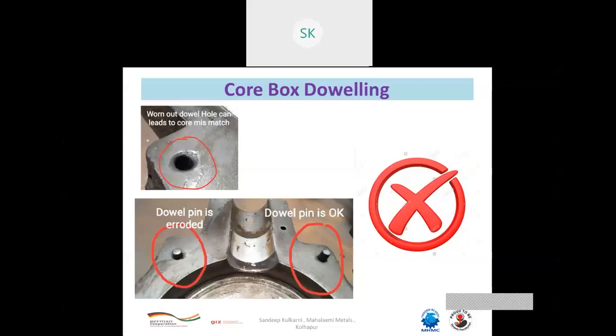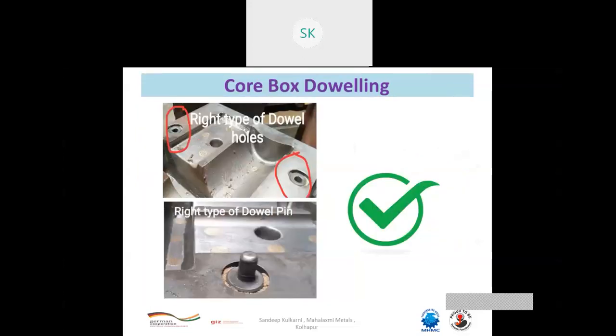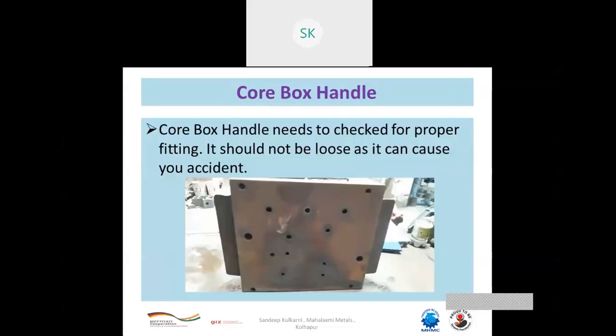You have to make a plan for inspection and for changing, so that you will not find this kind of inaccuracies in the core during the production run. So this is another example where you can see the dowel pins are properly made and the dowel holes are properly made, so we are not having any issues with such tooling.